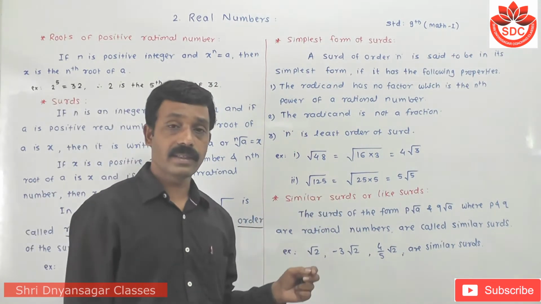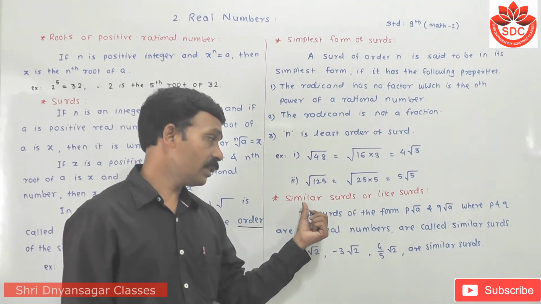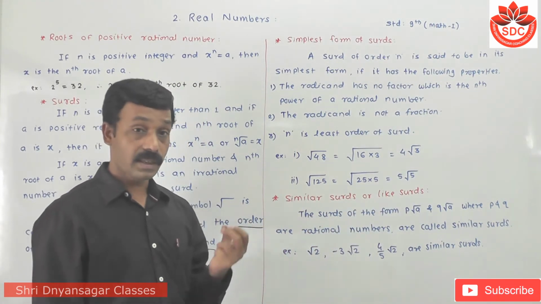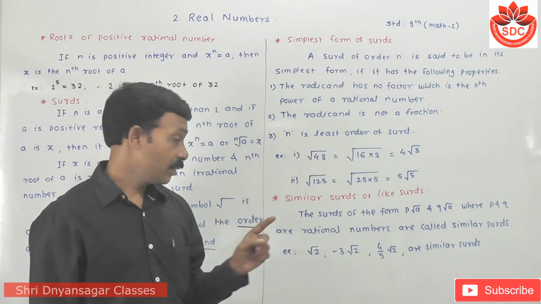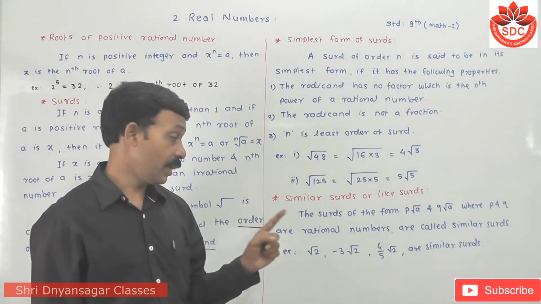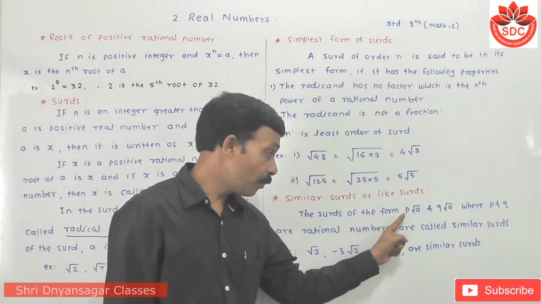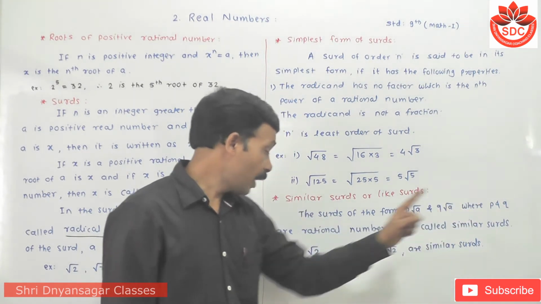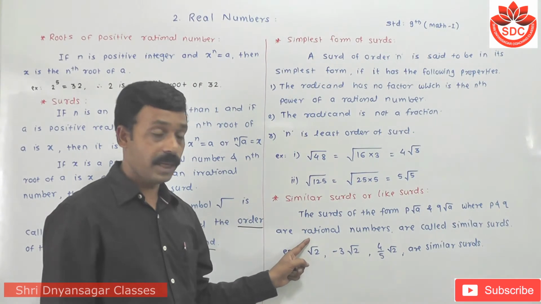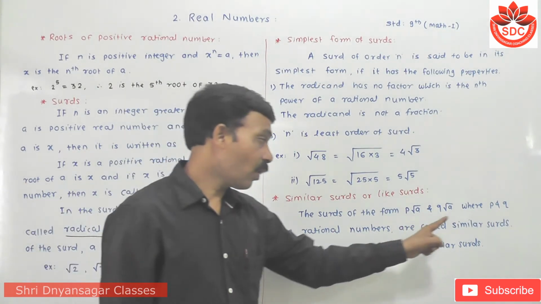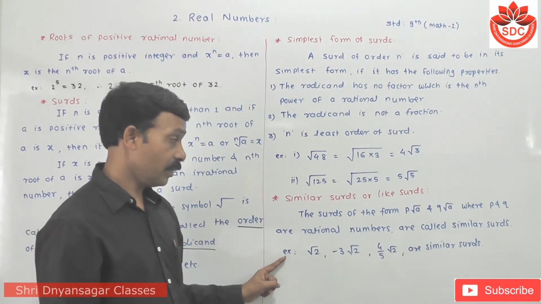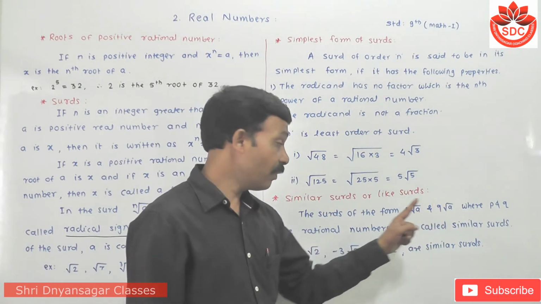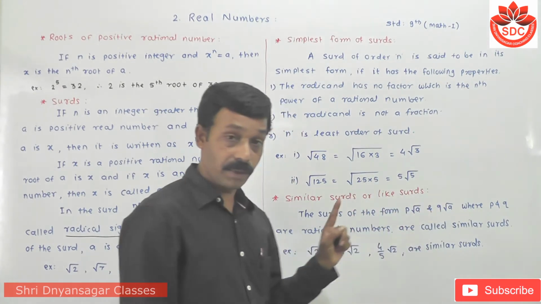Similar surds or like surds, यामध्ये त्याचा अर्थ दडलेला दिसतो. सिमिलर म्हणजे सारखेच, लाईक म्हणजे पण सारखेच. सर्ड्स केव्हा सेम असतील, की जेव्हा त्यांचा रॅडिकंड सेम असेल, आणि ऑर्डर सुद्धा सेम पाहिजे. The surds of the form p root a and q root a, where p and q are rational numbers, are called similar surds. बघा इकडे लक्षात घ्या, here root a is the constant, and the order is also the same.